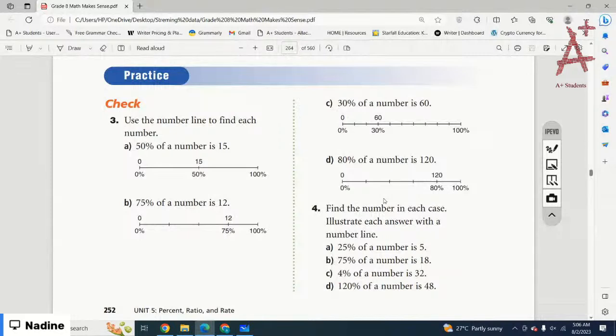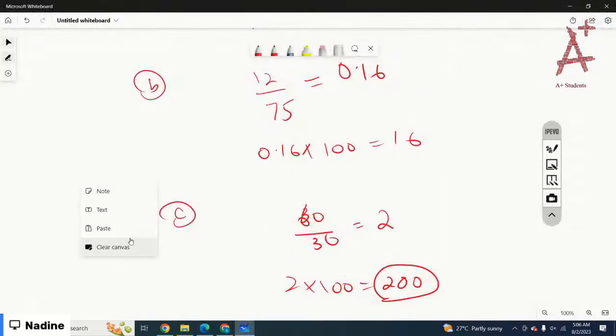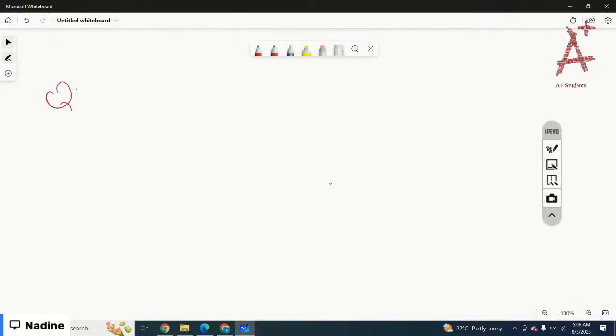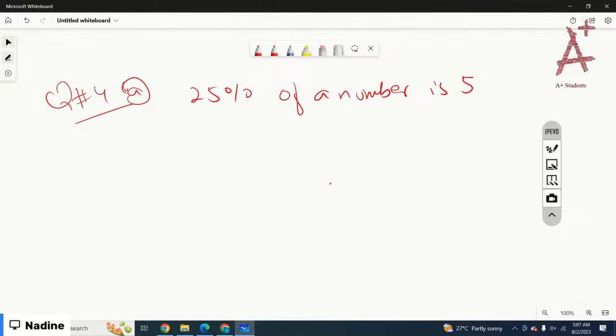Find the number in each case. Illustrate each number with a number line. So you have to calculate the number. 25% of a number is 5. You have to calculate the total number. Got it? Question number 4. 25% of a number is 5.